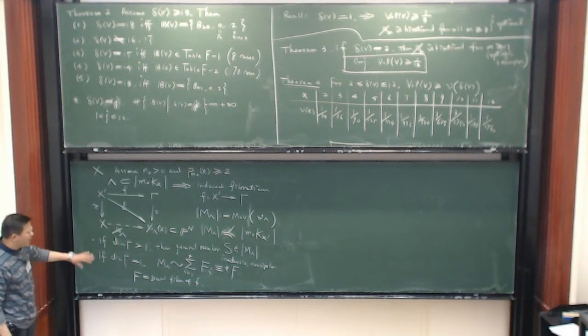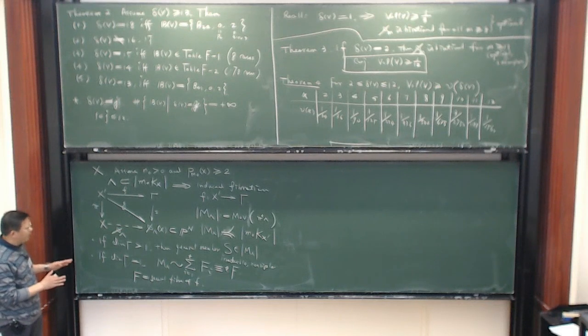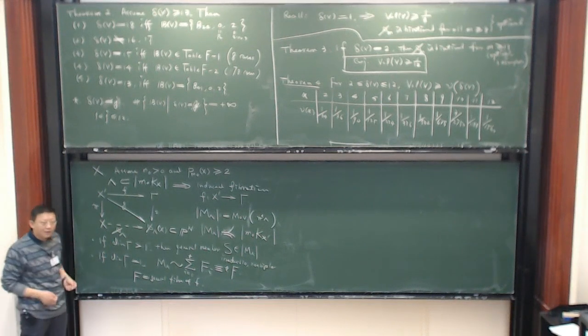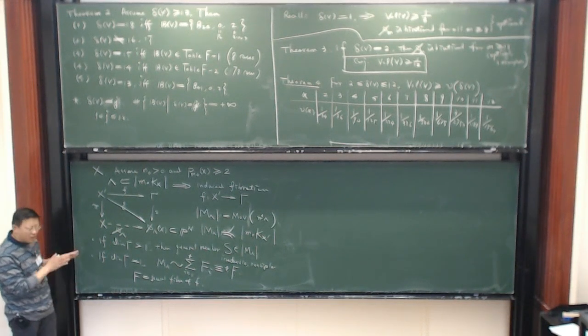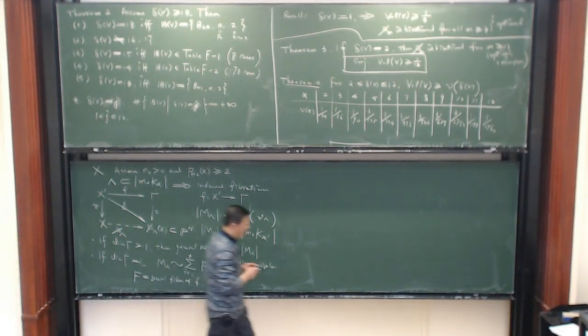So starting with this, we will study the geometry and the volume, how to study the volume, and how can we prove the birationality. So I would like to talk about this tomorrow. Okay? Thank you very much.